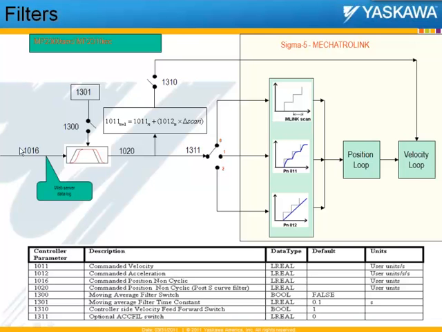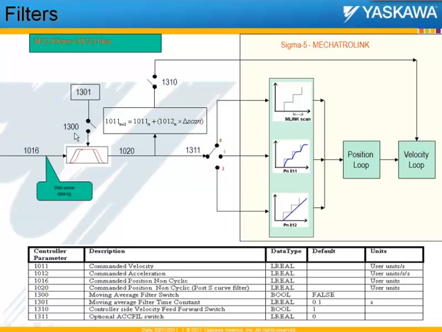1016 is the command that the controller generates, which is sent out to the servo pack. Before it reaches the servo pack, you can apply a filter, the 1300 filter, which is a moving average filter that can be applied on the command. There is a time constant that you use for the moving average filter, and the time constant is in parameter 1301.